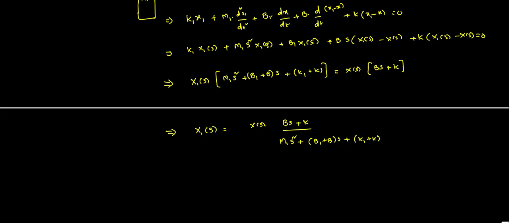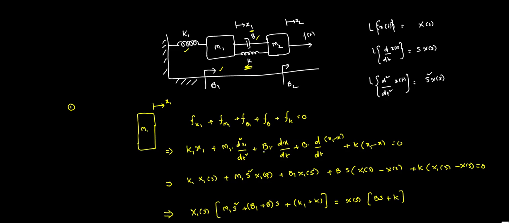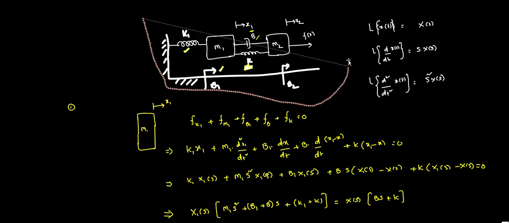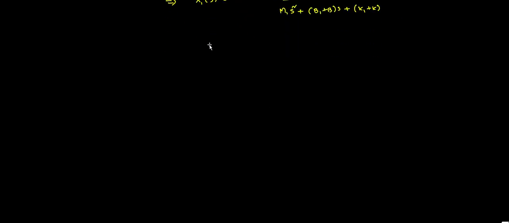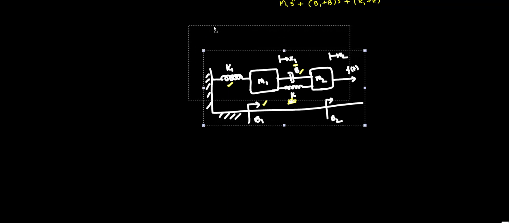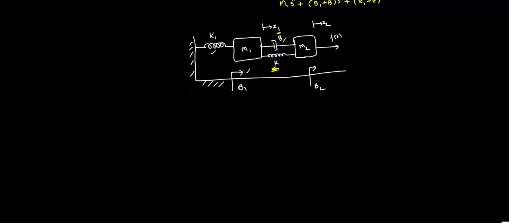So whatever you have solved is for x1. Now let us solve for x2. Similarly, let me take this particular portion, I'll copy it, paste it here, and then I'll solve for the other thing.